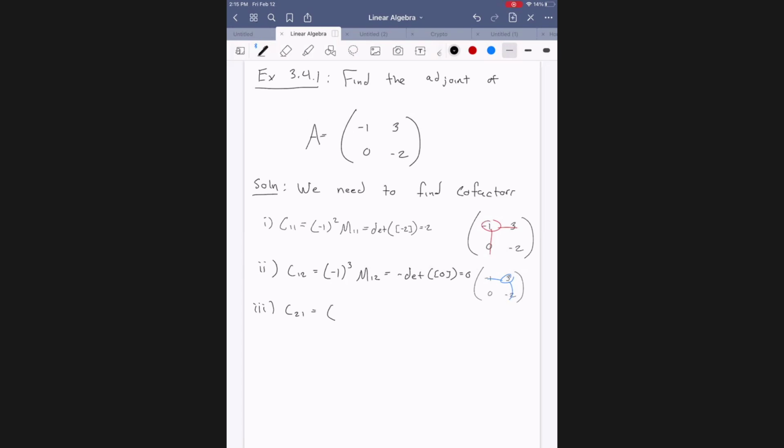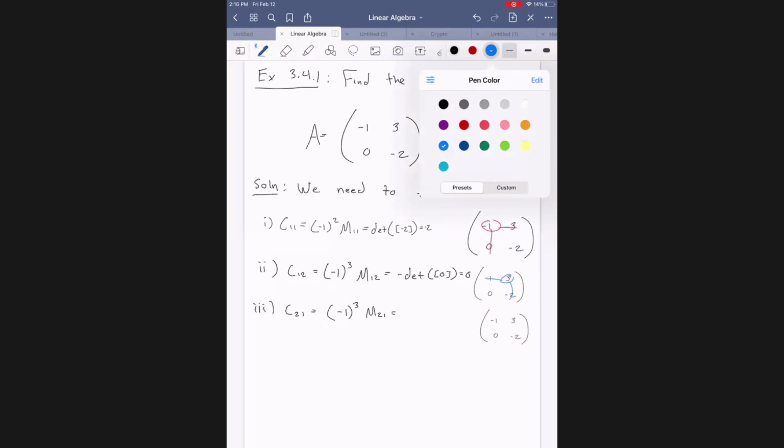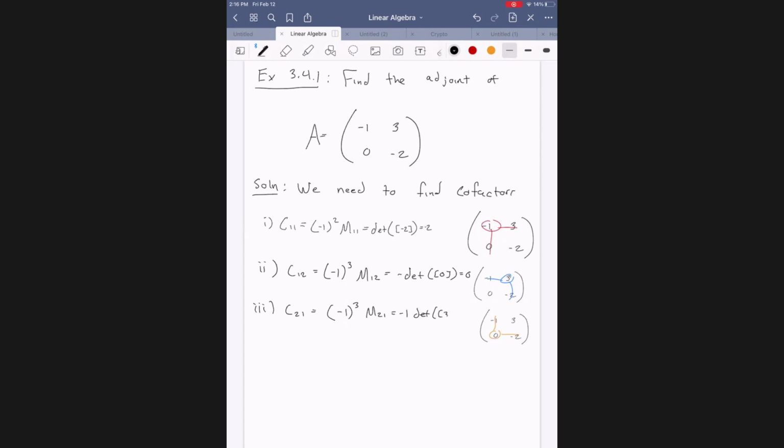C21 is (-1) to the third times M21. Same thing: it's -1 times the determinant of the matrix [3], which is just 3.